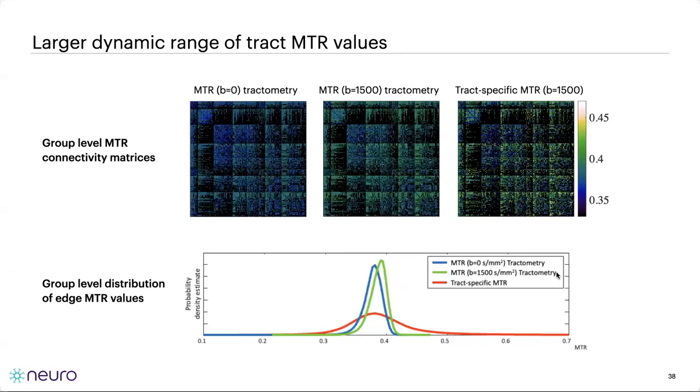You will see a difference between these two a little bit, shown here between the peaks, and that's because as soon as you have diffusion, you're kind of eliminating the MT that's happening in areas where you have unrestricted diffusion. So it's becoming a little more fiber specific anyways. But you see how this distribution for tract-specific MTR becomes much, much broader.